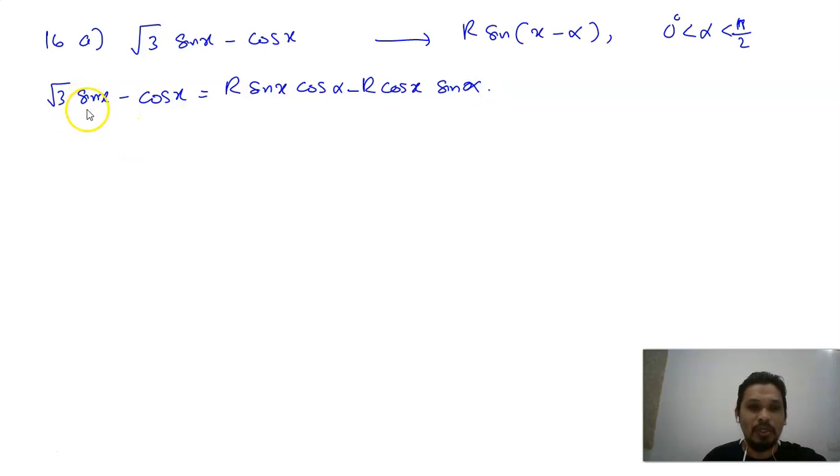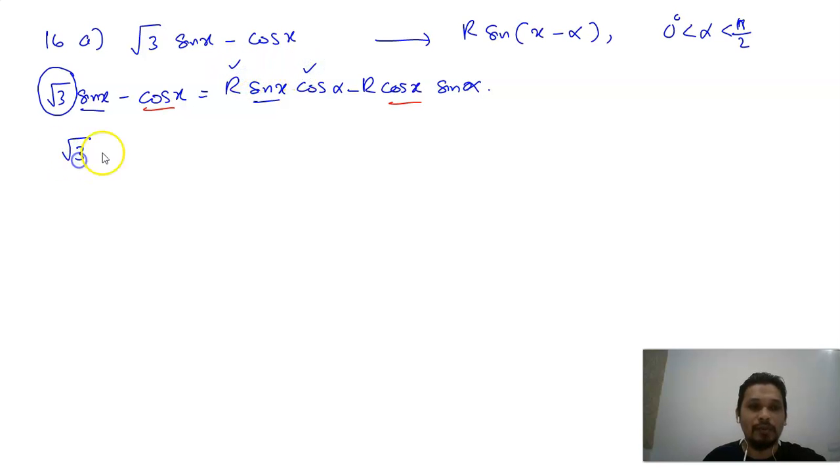So now we're going to compare this sine x with sine x and cos x with cos x. Square root of 3 we compare with r cos alpha.